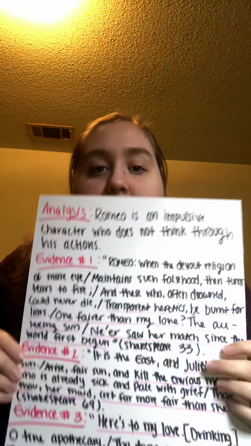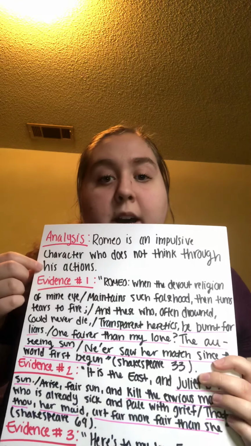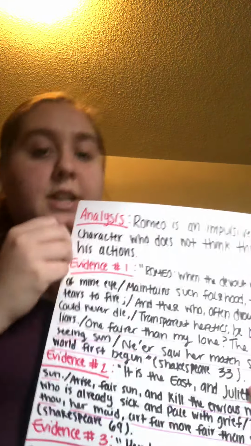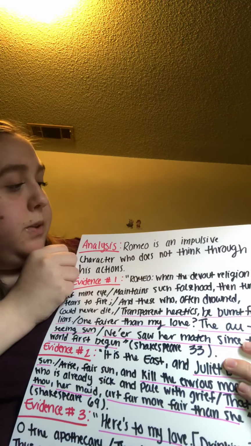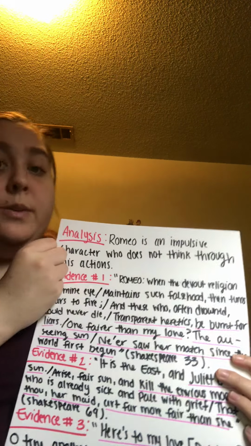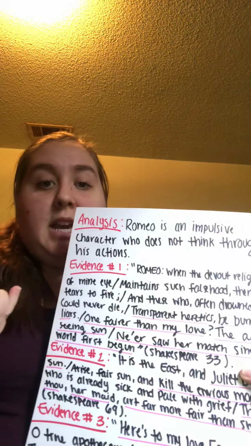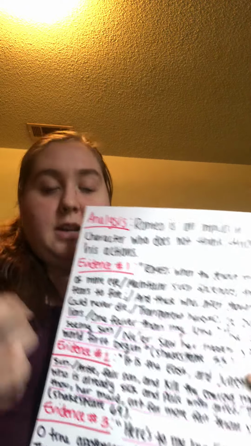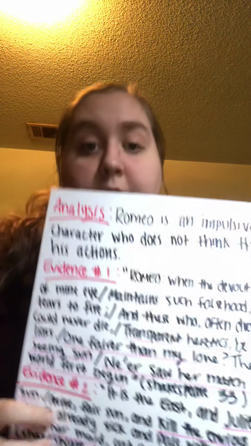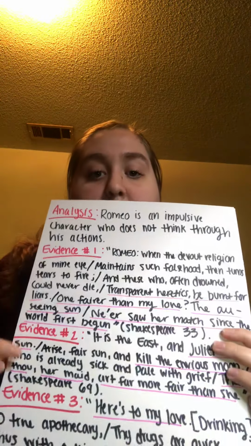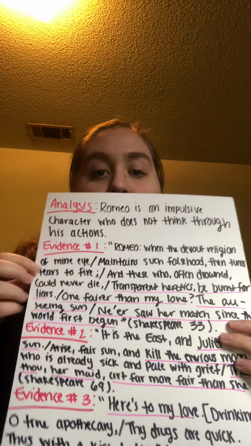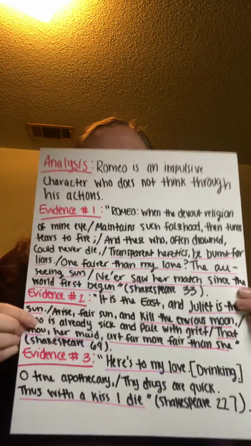So right here is an example from class, if you can see. So right here we have our analysis, which is Romeo is an impulsive character who does not think through his actions. So that's a defensible analysis. It's a defensible position. And right below that, we have our 3 pieces of evidence.